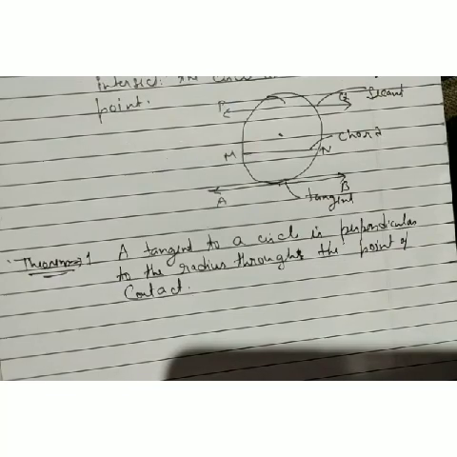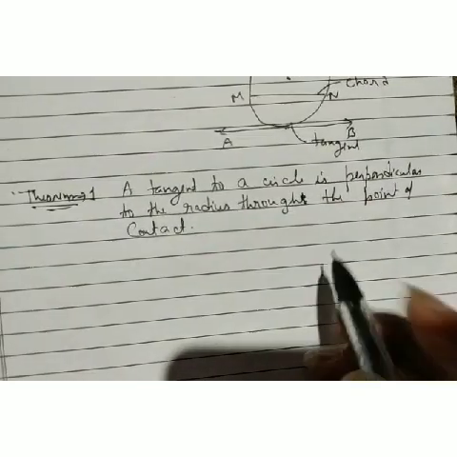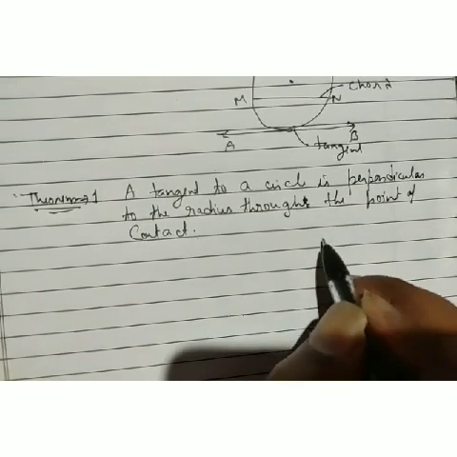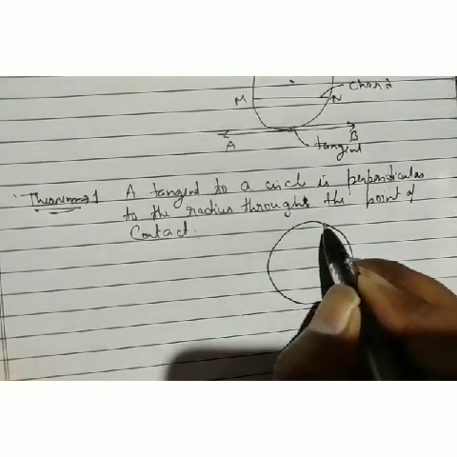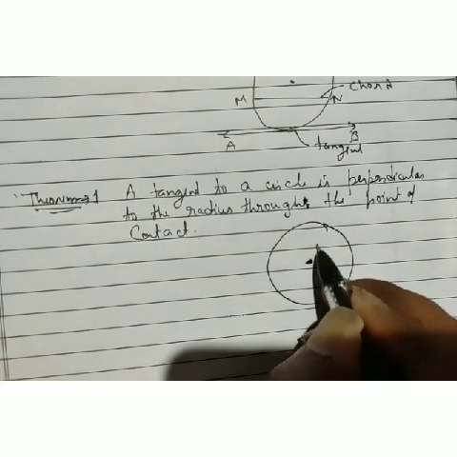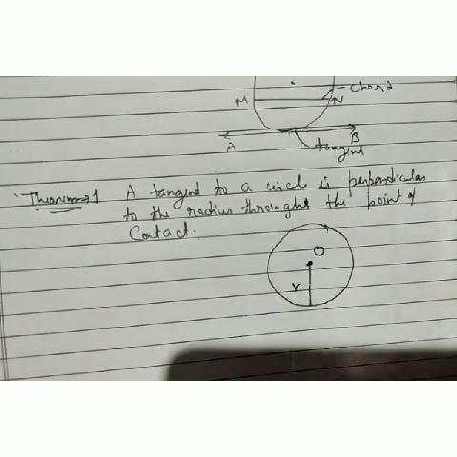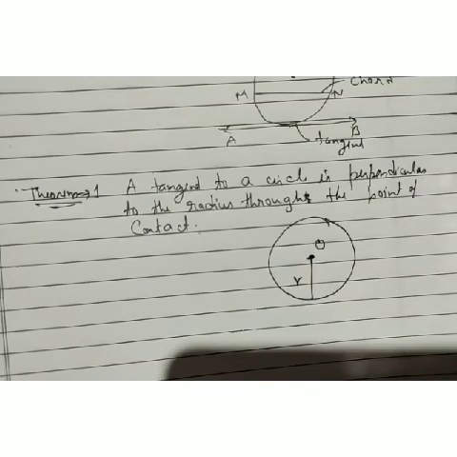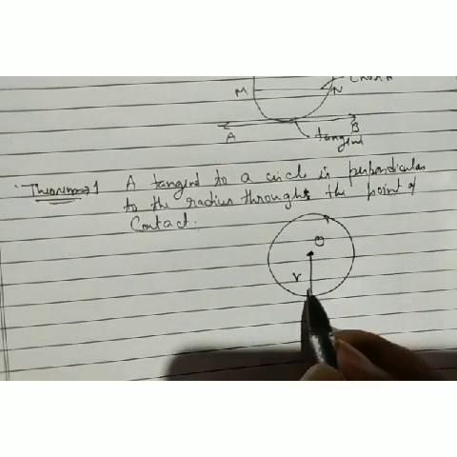Now, to prove the theorem, we take one circle. Suppose we have a circle with center O and radius r.